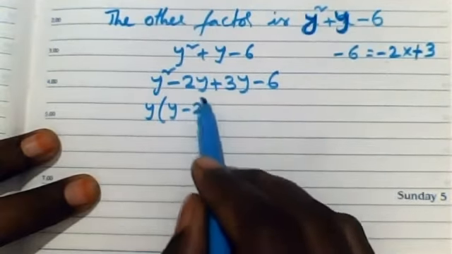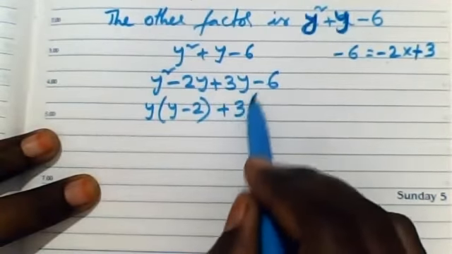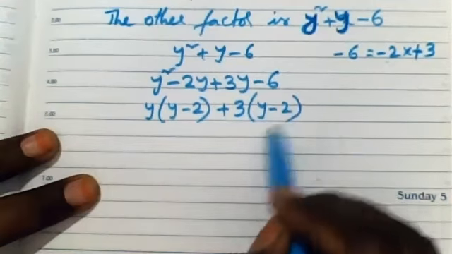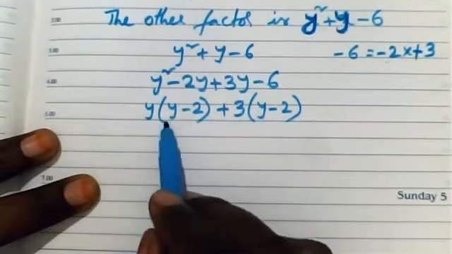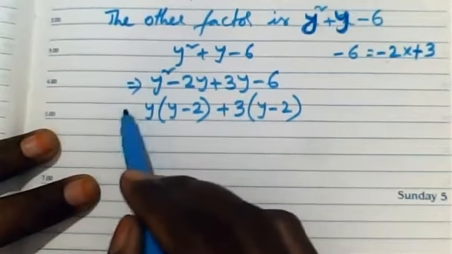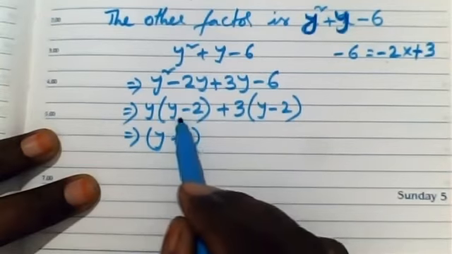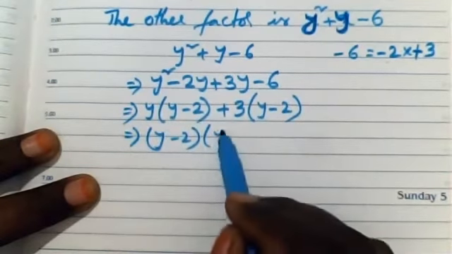y minus 2 plus, in दोनों में से 3 common ले रही हूँ, 3 times y minus 2. So here y minus 2 is there, here also y minus 2. So we'll take common y minus 2. If you take common y minus 2, you'll get y plus 3.